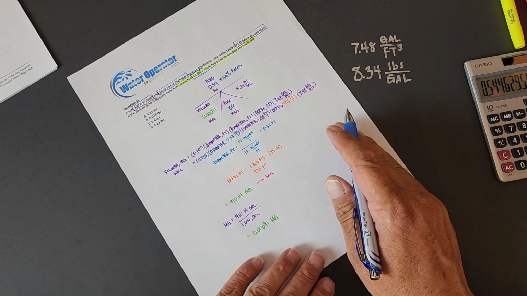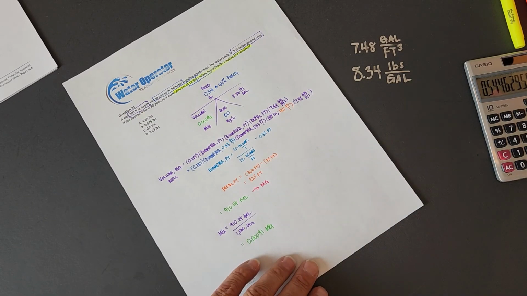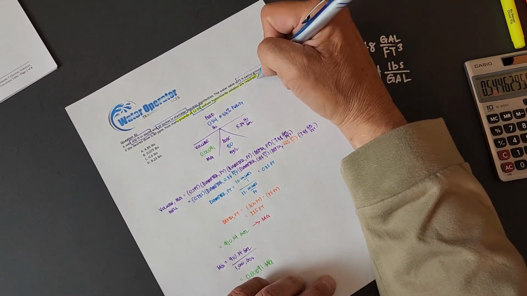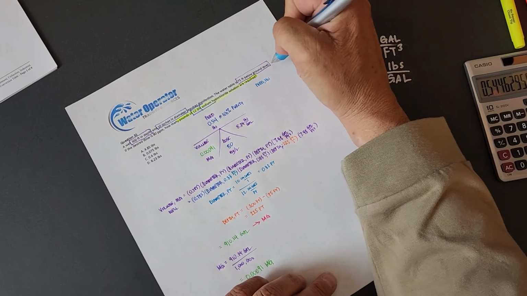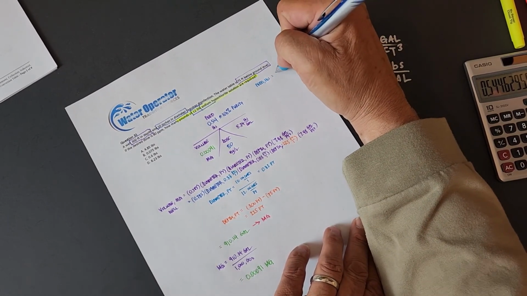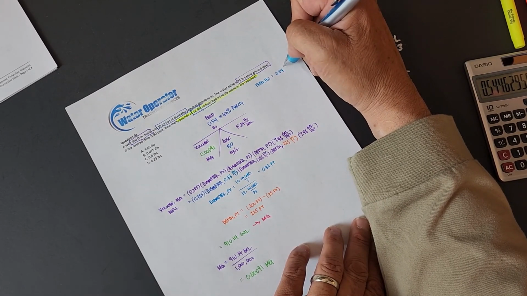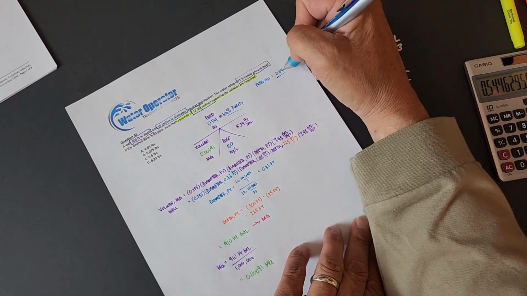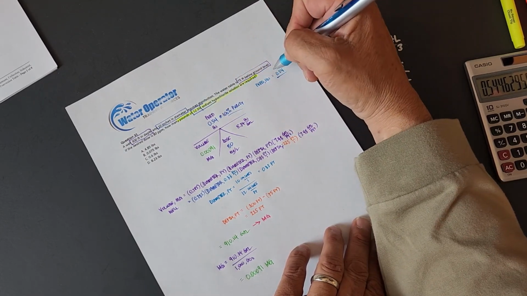So let's do feed in pounds equals 0.54, which is at 100% purity. That's here. We're going to divide that by 12.5%.